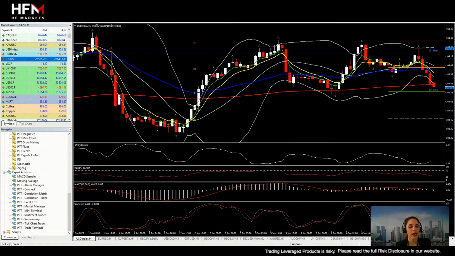In general, there has been an inverse sentiment environment since yesterday. Yesterday we had seen a shaky risk appetite. Now things have changed.